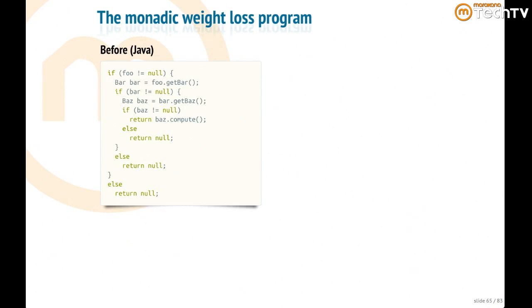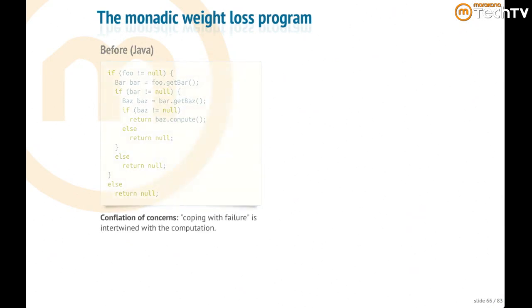So we went from this case where we've got this whole nested series of if elses returning null at each step, which really conflates the concerns of doing your actual computation, foo.getBar.getBaz.compute, with the fact that we have to deal with this possibility of failure.